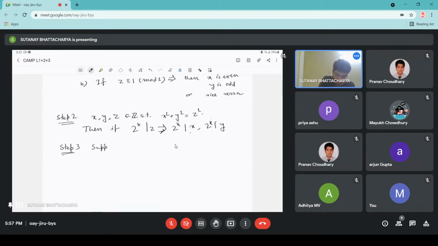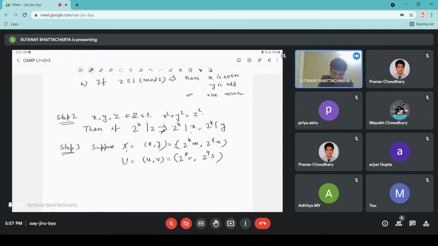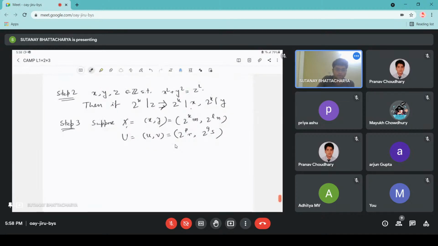Suppose x is the point (x, y), which is (2^k m, 2^l n), and u is the point (u, v), which is (2^p r, 2^q s). So these are both rational points, and every rational number can be written as 2 power some integer, maybe negative, times some odd number. Convince yourself of this, and we have written these things in that way.